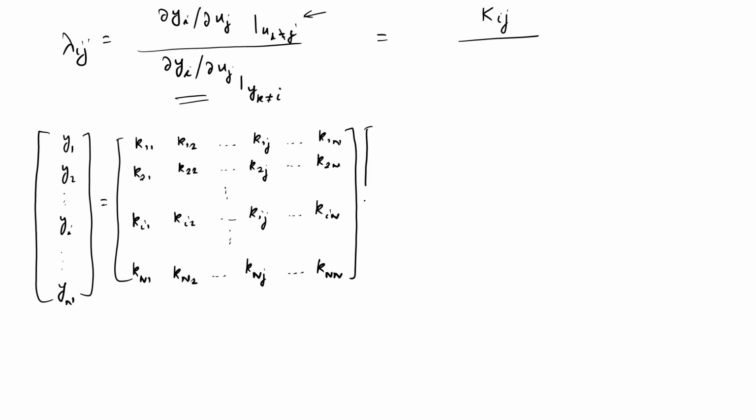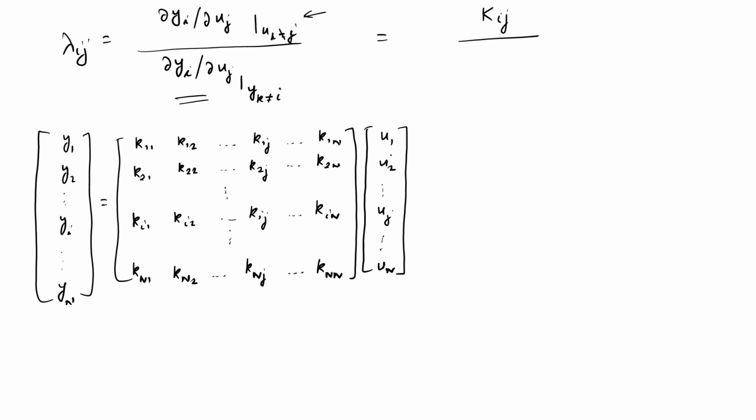and you got your u1, u2, uj, un. So obviously, if all other u's are fixed, change in yi.